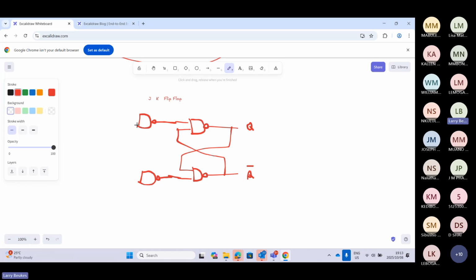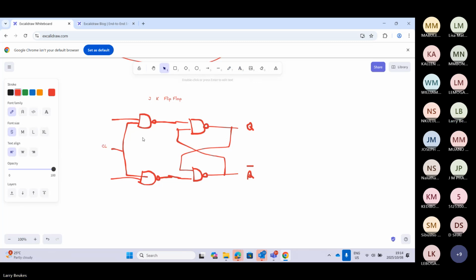Then this will have 3 inputs now because of the clock, right? We're going to take this. Then we have our K. So this is our clock, the one in the middle. And then this will be our J, and this will be our K.